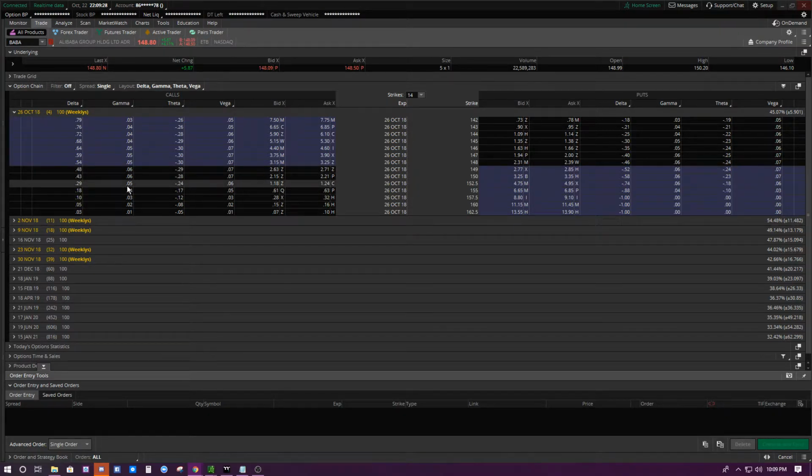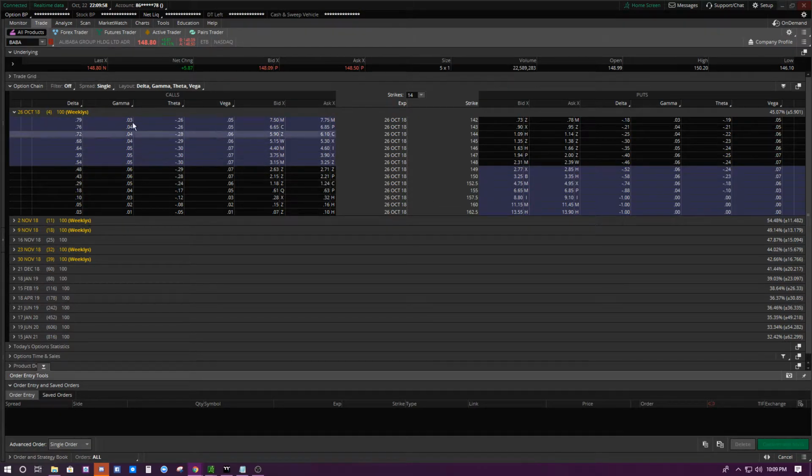Gamma determines how much the delta will go up for every dollar it moves. The delta right here is 48 cents, so every time the stock goes up a dollar, it'll add 48 cents. Down here it was only 3 cents. So gamma decides how much this changes as the option gets closer to at the money. A lot of these things aren't really that important, guys. I'm just going over it so you know.